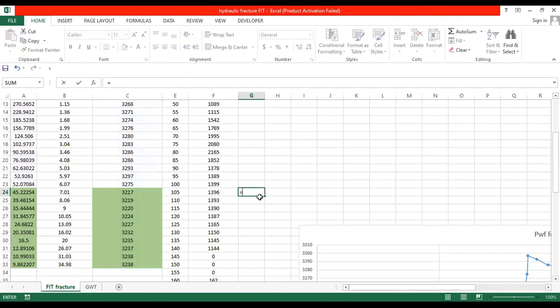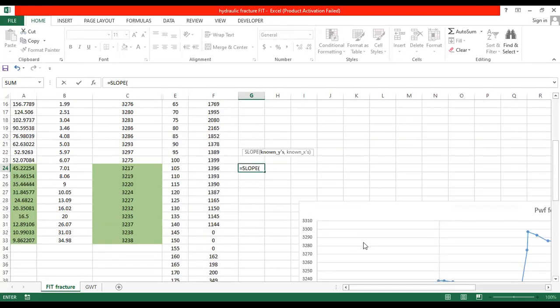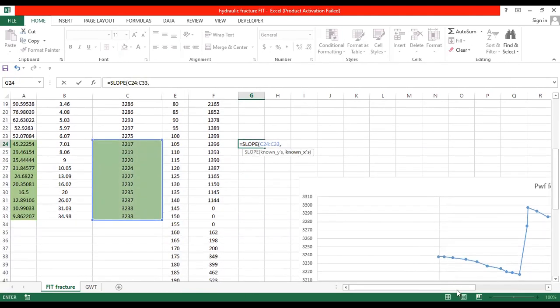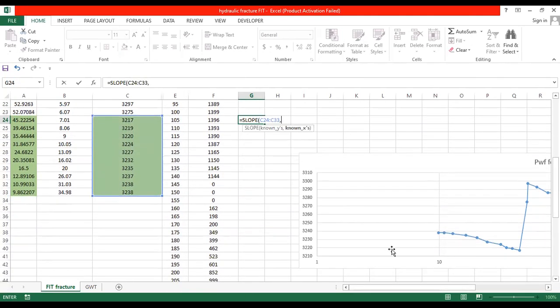So slope, and known y-axis. So the y-axis doesn't have logarithms. So y-axis is this, comma. When it comes to the x-axis, we have logarithmic values.